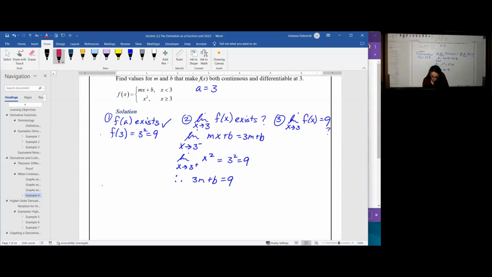To be differentiable at 3 means that the limit as x approaches 3 of the function f of x minus f of 3 divided by x minus 3 exists.